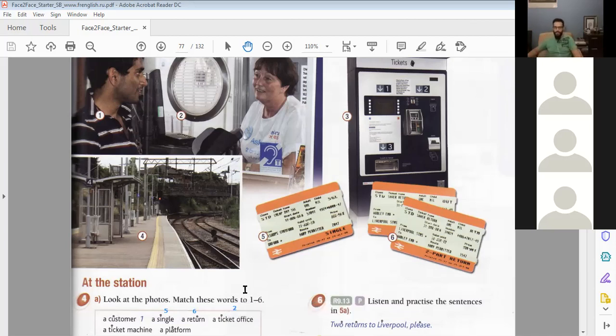Yes, number 2, it's the ticket office. What about the ticket machine? 3. Number 3 is the ticket machine. Correct. And the platform? 4. Yes, 4. That's correct, yes.